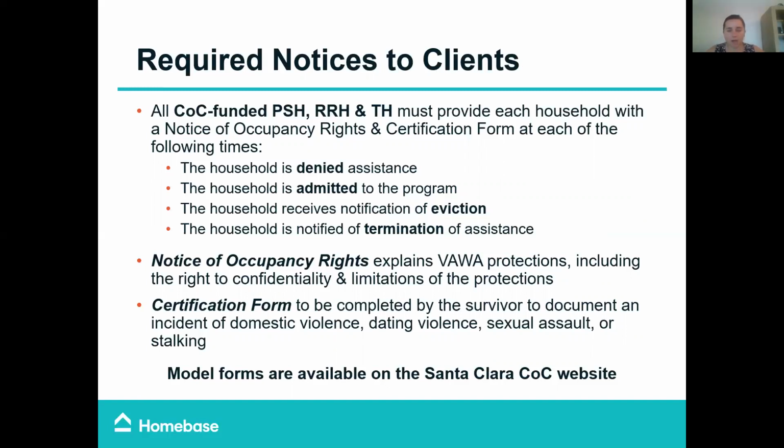The notice of occupancy rights must include VAWA protections, including survivor rights of confidentiality and the prohibited bases for denying or terminating assistance, and limitations of VAWA protections, which we'll cover in a couple of slides.